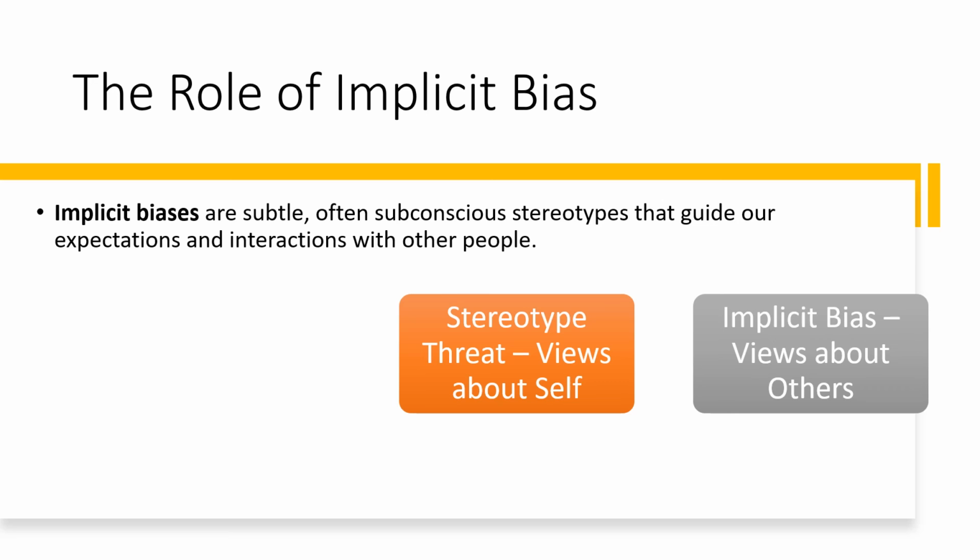Another concept is implicit bias. Whereas stereotype threats had to do with belief about a group that you belong to yourself, implicit biases are often subtle, often subconscious stereotypes that guide our expectations and interactions with other people. So implicit biases have to do with our beliefs about other groups.